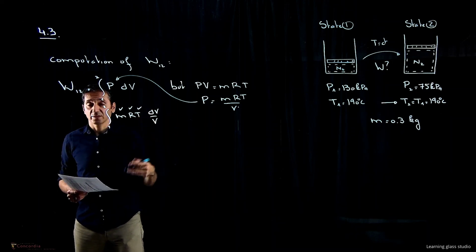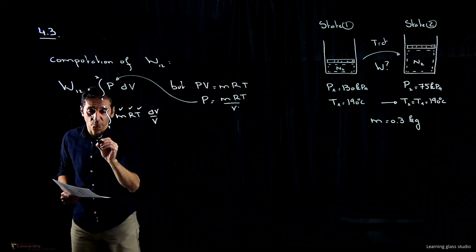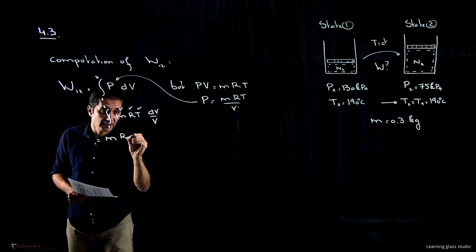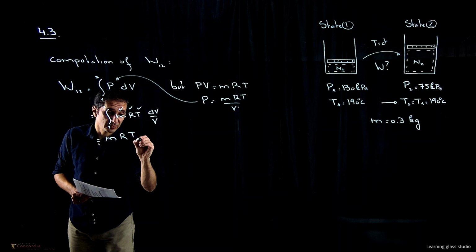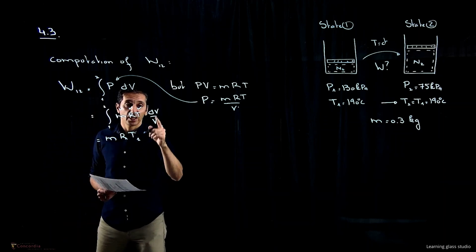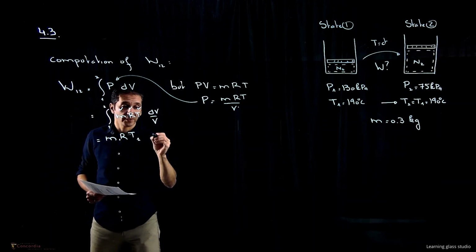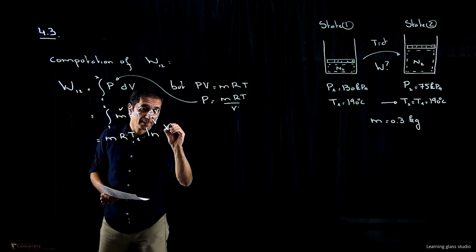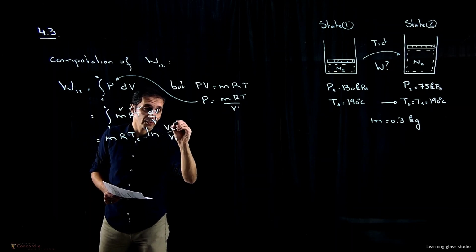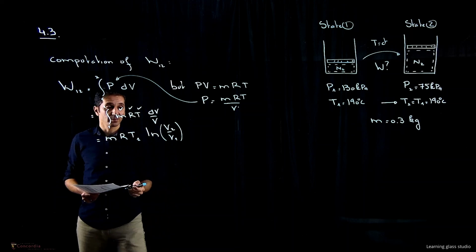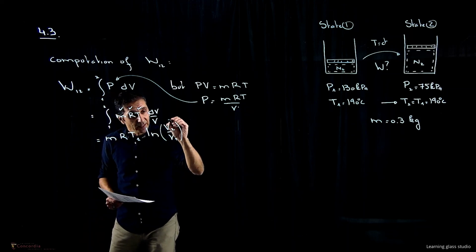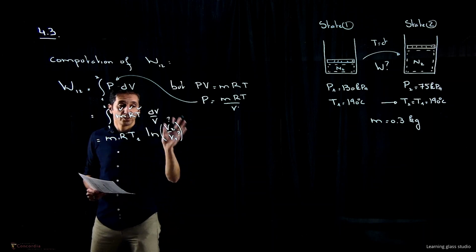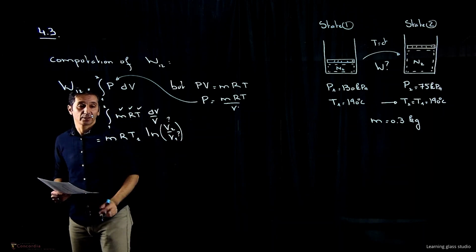The temperature is constant because it's isothermal, so we bring all this group out of the integral, leading to mRT1. Integral 1 to 2 of dV over V leads to ln V2 over V1. So what does it mean? If we get the value of V2 and V1, we can plug them here and calculate our work.